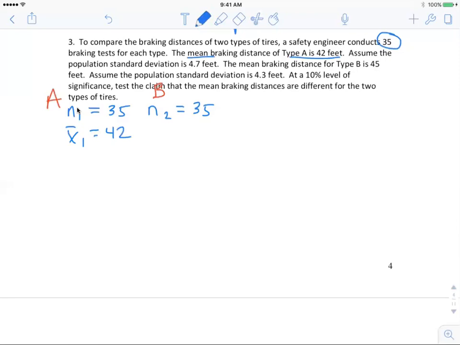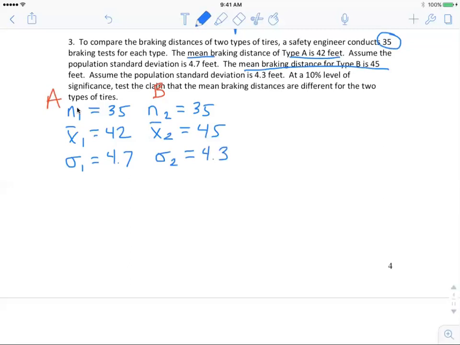And then assume the population standard deviation, that's a sigma sub 1, is 4.7. Right? Next sentence, the mean braking distance for type B is 45. So sample mean of B, so that's X bar sub 2, 45. Assume the population standard deviation is 4.3.